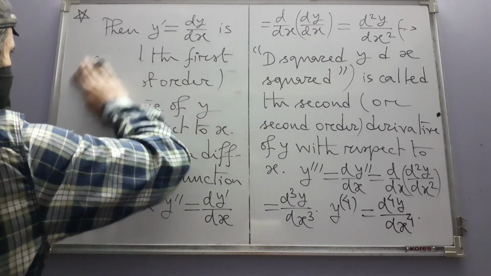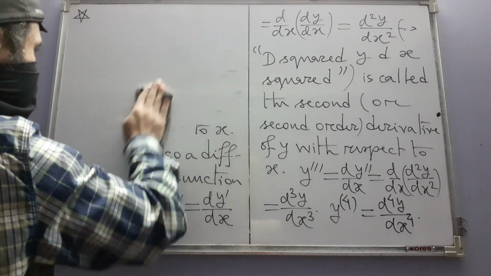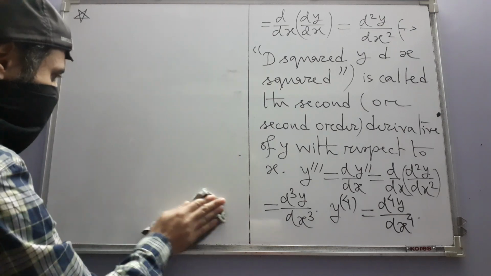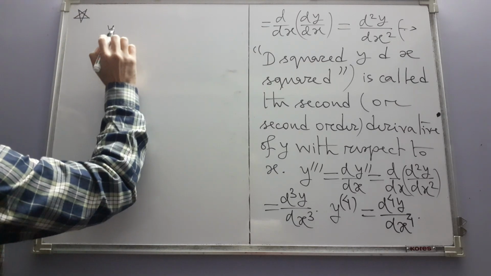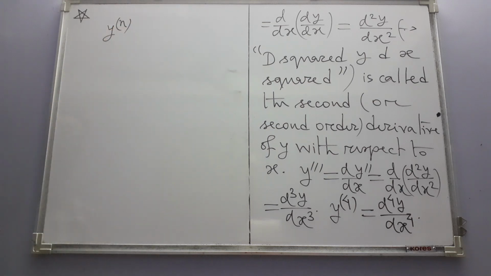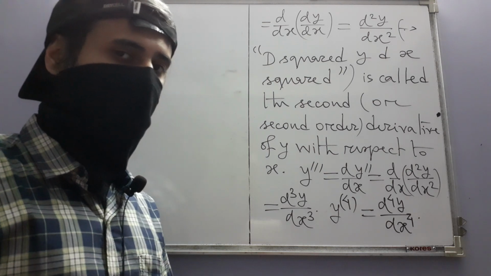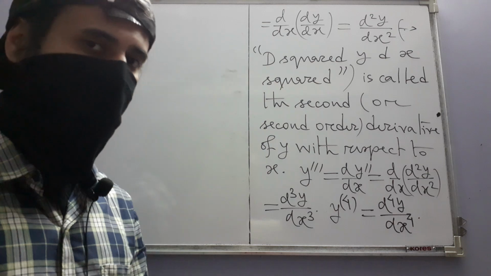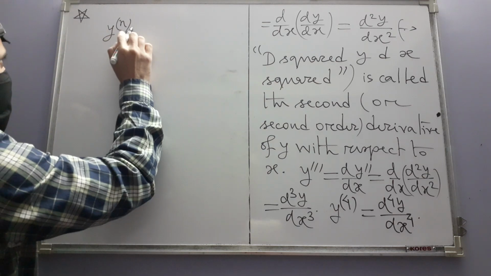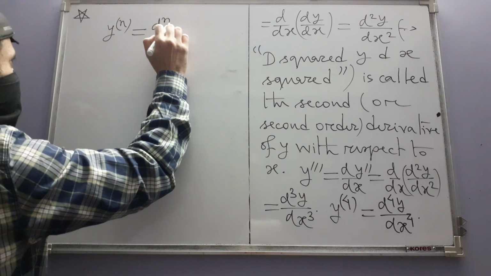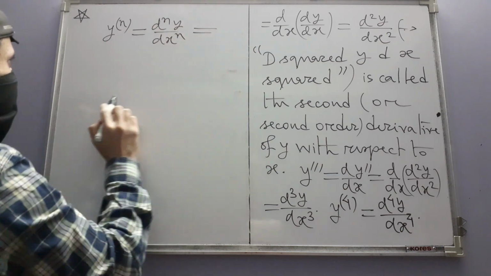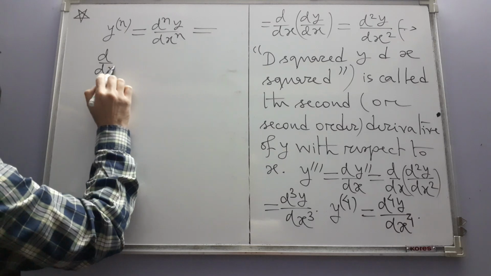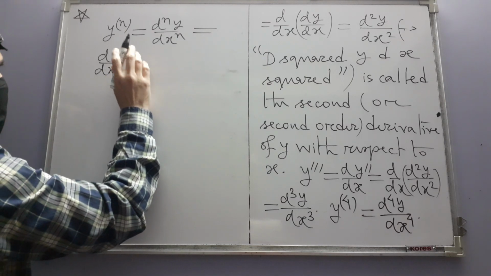In general, if n is any positive integer, then this is the nth derivative or nth order derivative of y with respect to x. And the other notation is this. And the meaning of this is, of course, this.